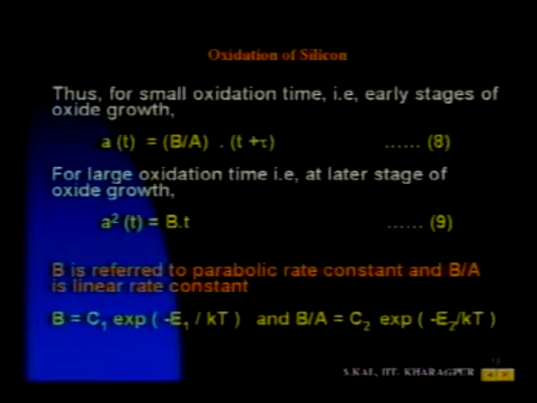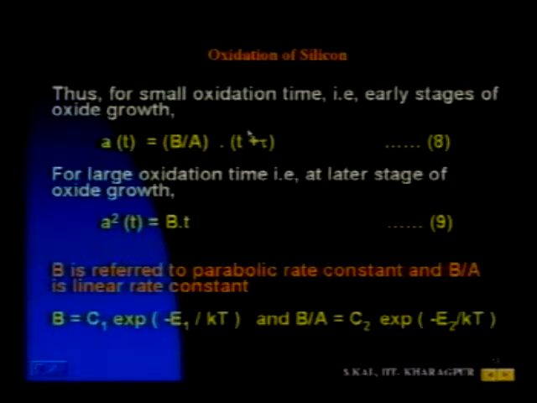So now, in conclusion, we can write, for small oxidation time, that is the early stages of oxide growth, At is equal to B by A into t plus tau. For large oxidation time, that is the later stage of oxide growth, A square t is equal to Bt.